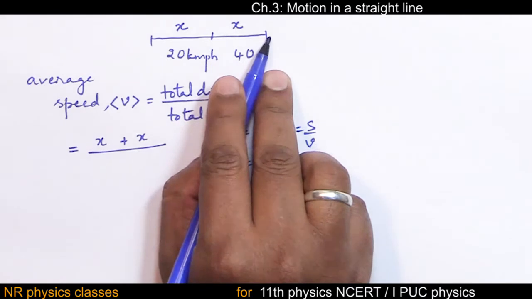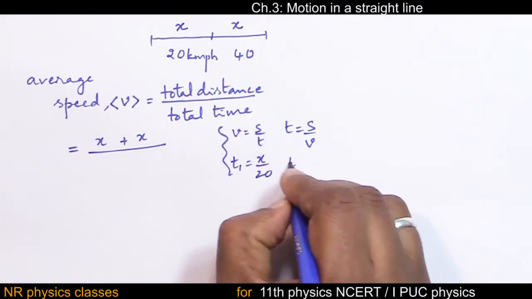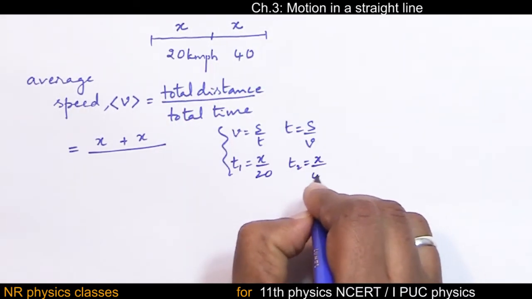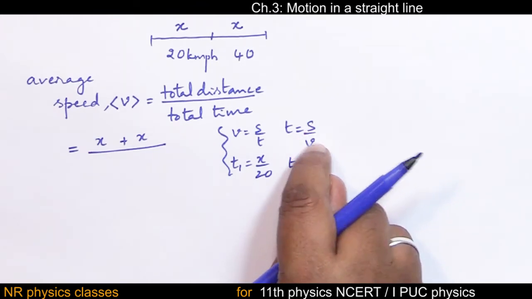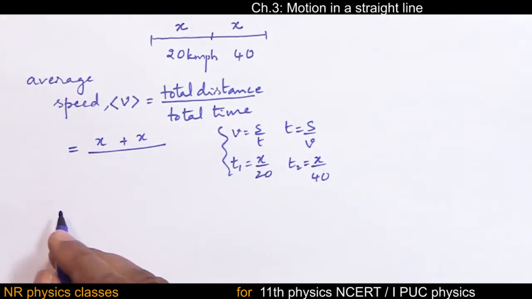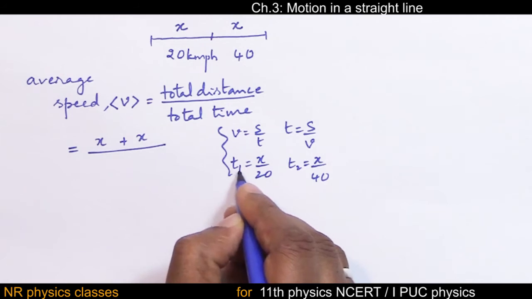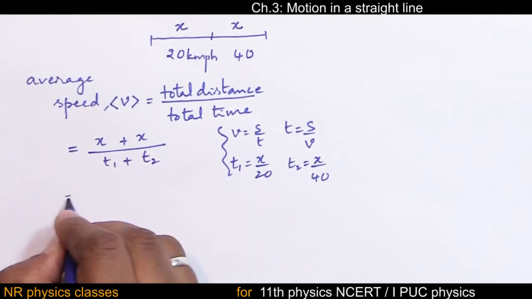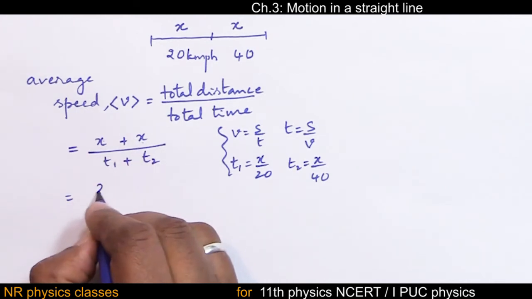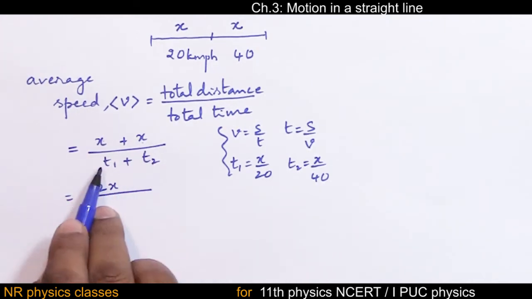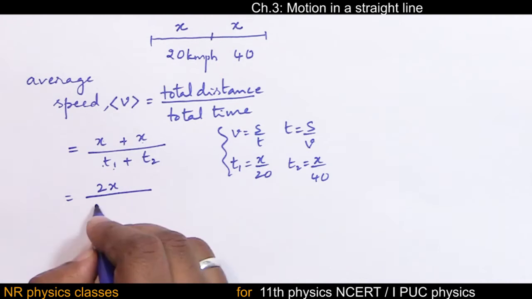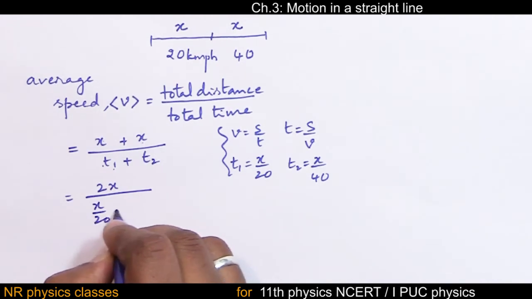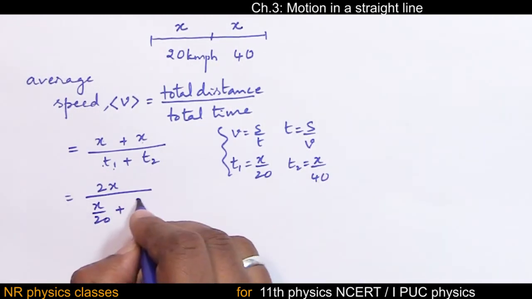The next time interval T2 is x by 40. Distance by speed gives time. Therefore, total time is T1 plus T2. The numerator is x plus x, which is 2x. The denominator is T1, x by 20, plus x by 40.